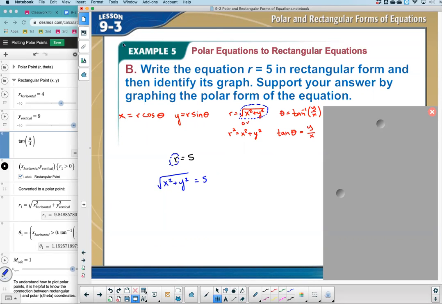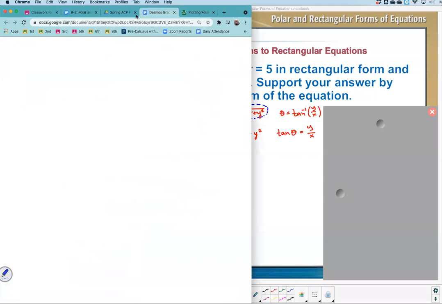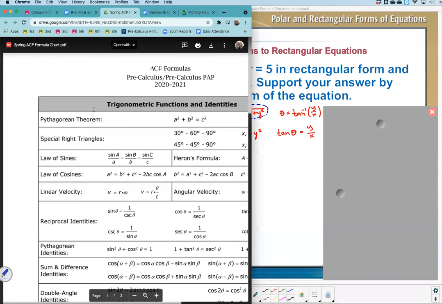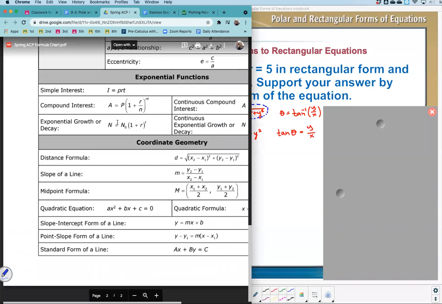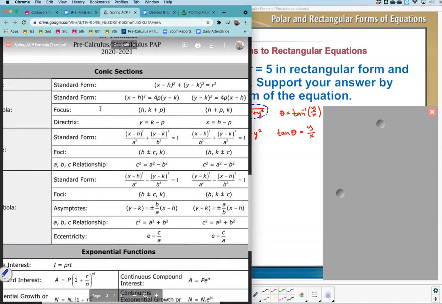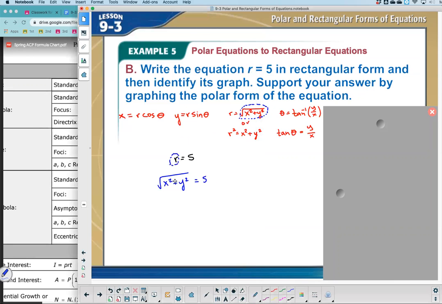If you look on the formula chart at our shapes, where did the formula chart go? There it is. Here in chapter 7, you can see that none of them have these square roots. So I want to ask a question: how do I get rid of a square root?